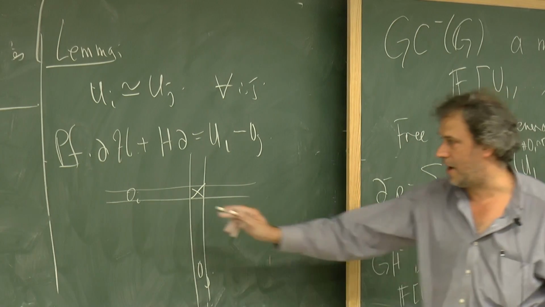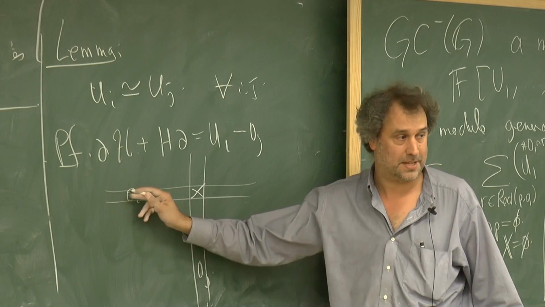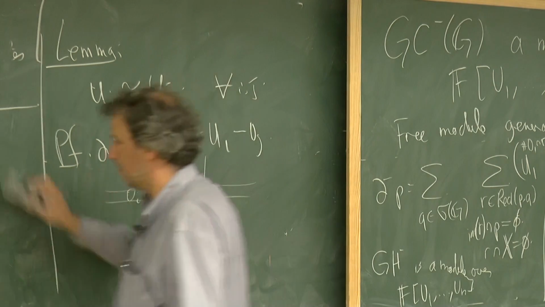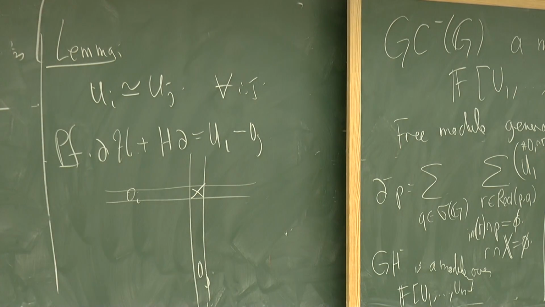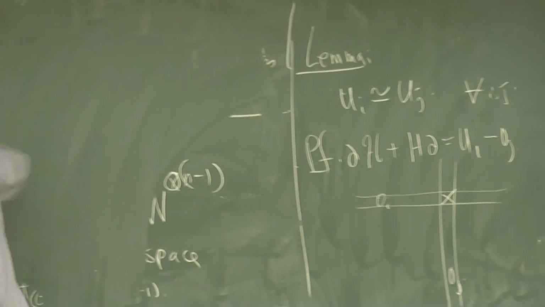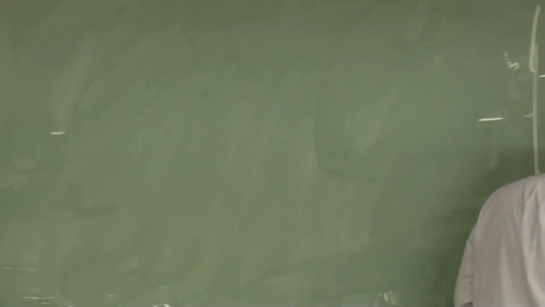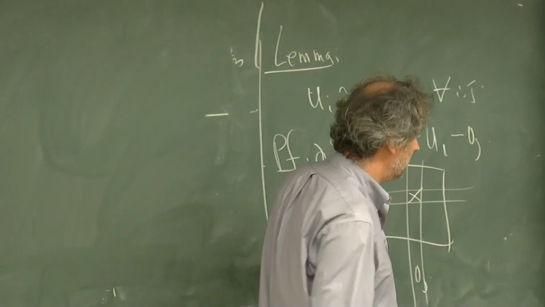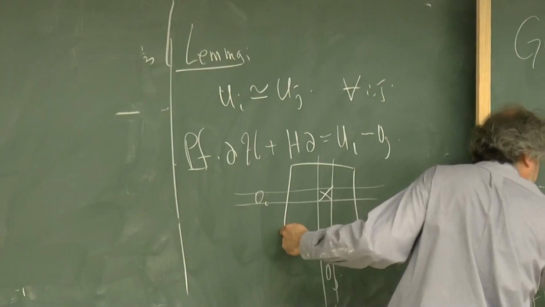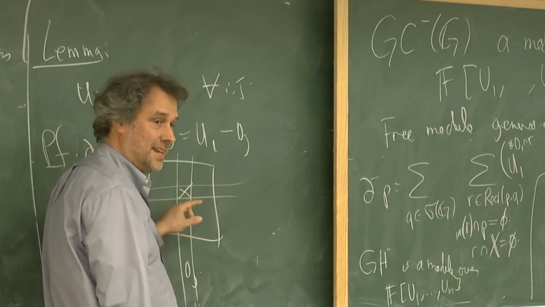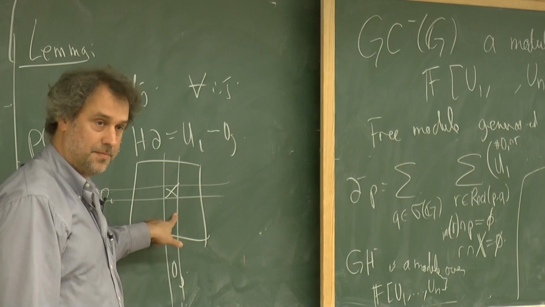And we're going to construct a homotopy between multiplication by U_i and multiplication by U_j. And that homotopy operator counts rectangles. Remember, our differential counted rectangles that have no X's inside of them. Our homotopy operator is going to count rectangles that contain exactly that X.